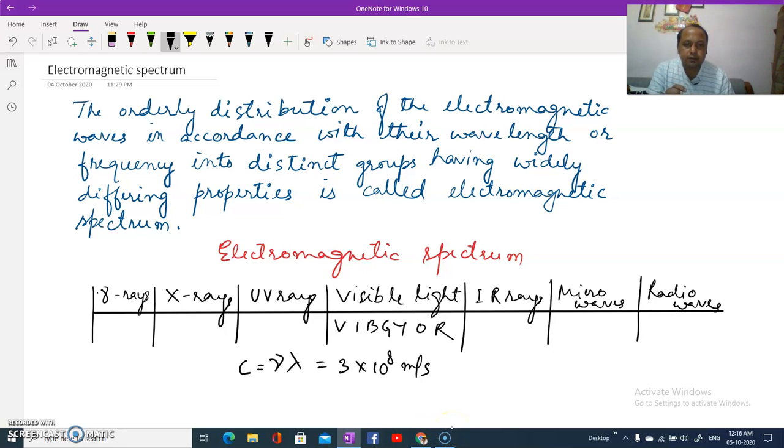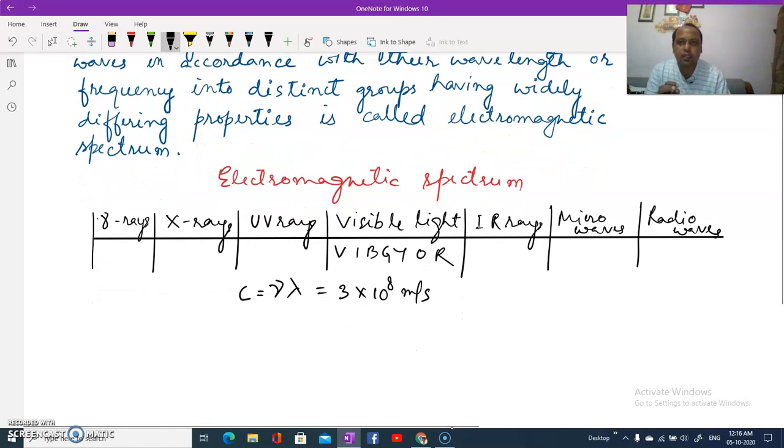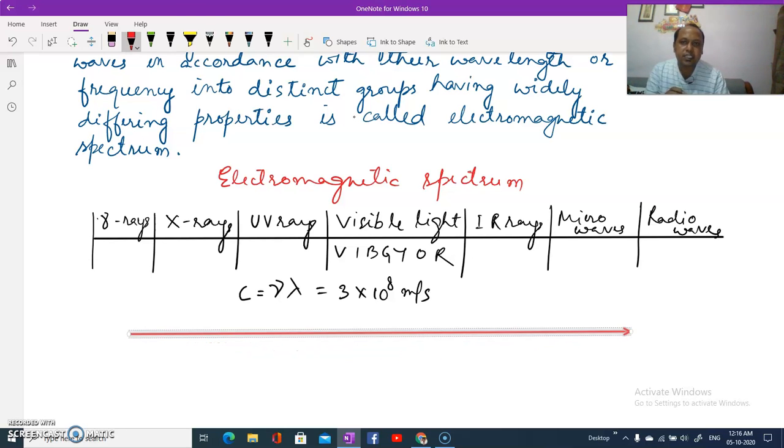So here you see, when we move from the left hand side to the right hand side, what we see is the frequency decreases, but the wavelength increases.